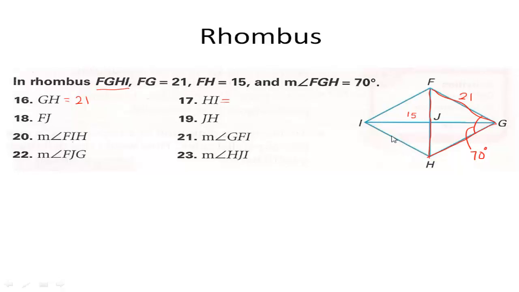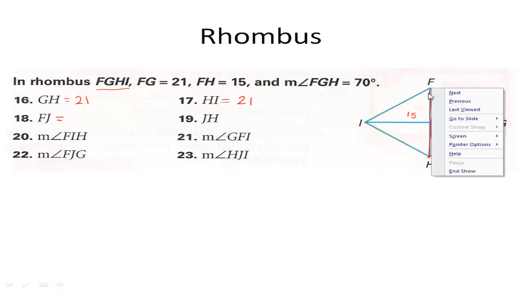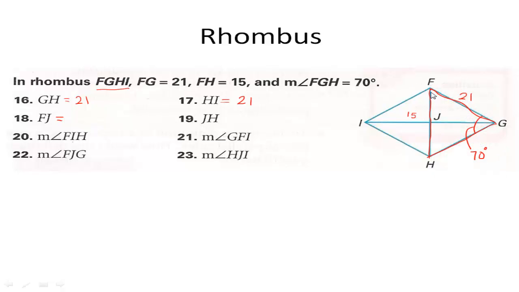HI is the side of the rhombus, and we just said that all sides are congruent, so this is also 21. FJ is the segment from here to here. I know what FH is, the whole thing.